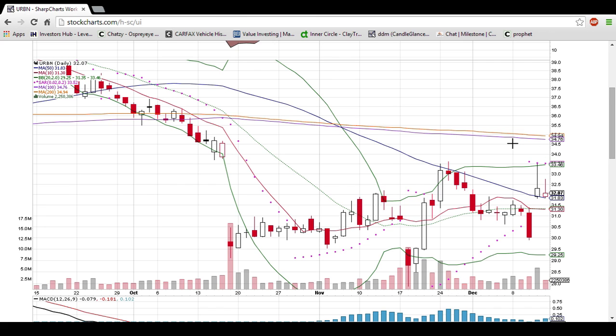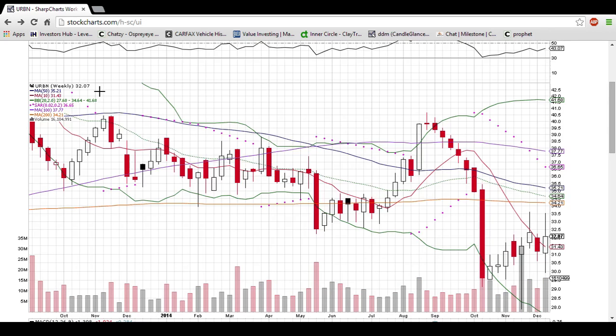So personally, if I were going to go long here, I wouldn't want to get in until it proves to me that it has the strength to close above these levels and turn them into support. I'm only saying that because it's pretty strong resistance on both the weekly and the daily chart.